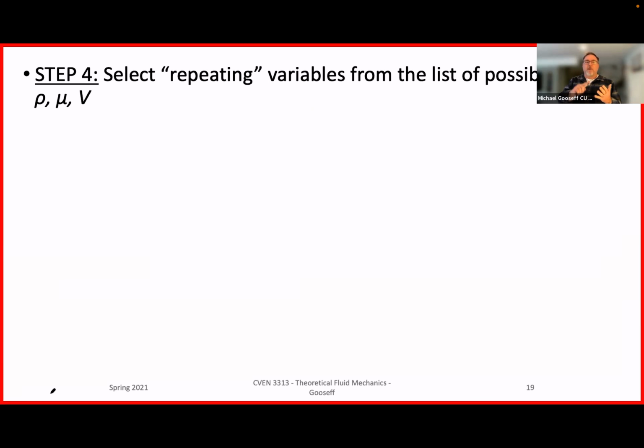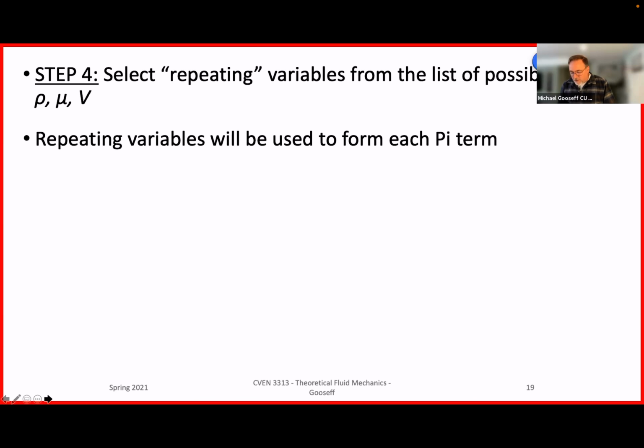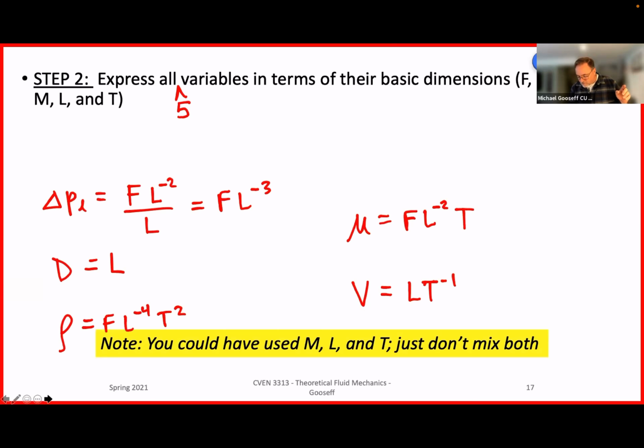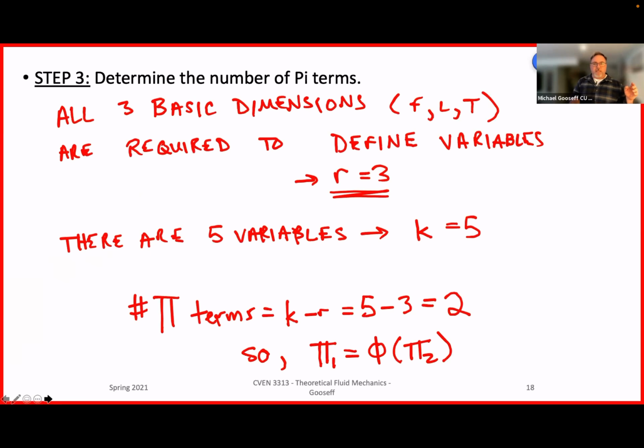Diameter, density, viscosity, and velocity. All right. So what are we going to do? We've got those 4 opportunities. Which ones matter? The repeating variables will be used to form each pi term. Previously, I said we're going to group some of these things together to make a pi 1 and a pi 2 term.